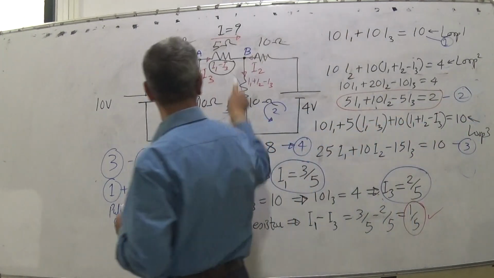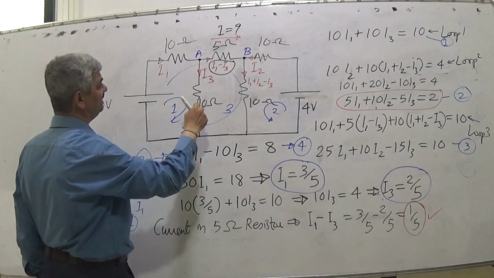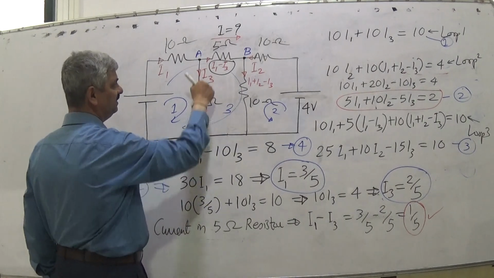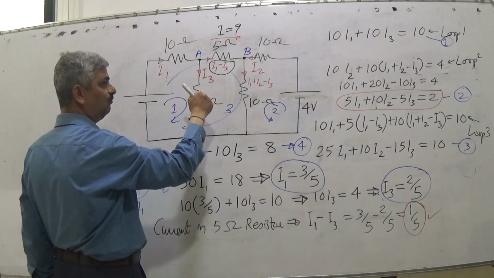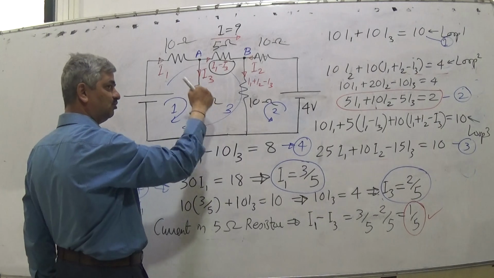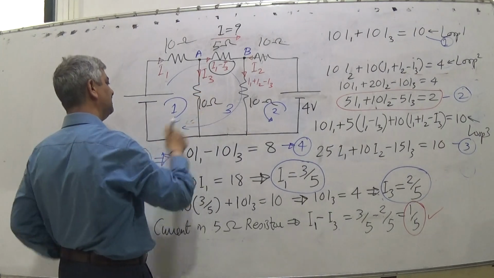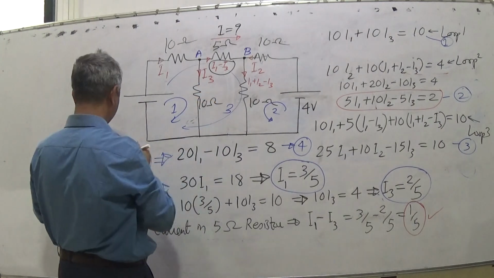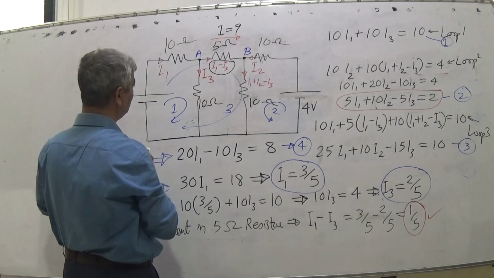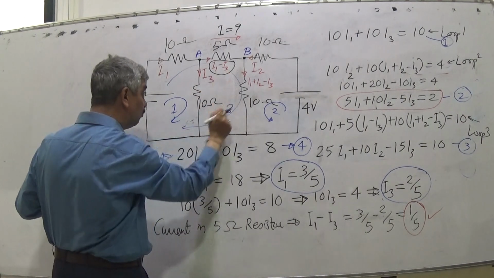Now you can take this loop. While taking this loop, only thing is that you are going in this loop, there is no voltage source. So voltage source is 0, voltage drops should sum to 0. Then in that case, while deciding the direction, you have to be very careful here if you choose this loop.